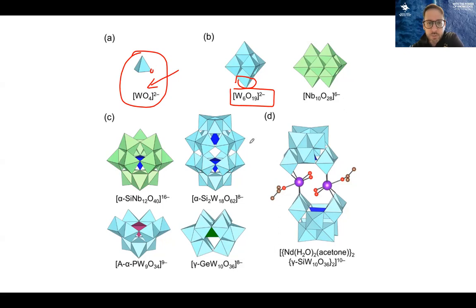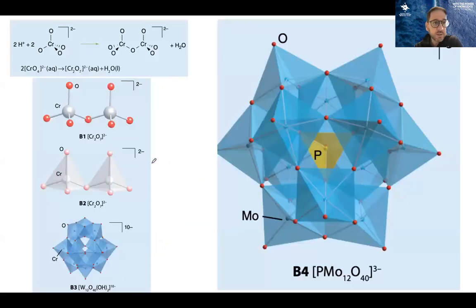And then the same for other species, and you can see that this becomes larger and a bit more complicated as the structure grows in size.